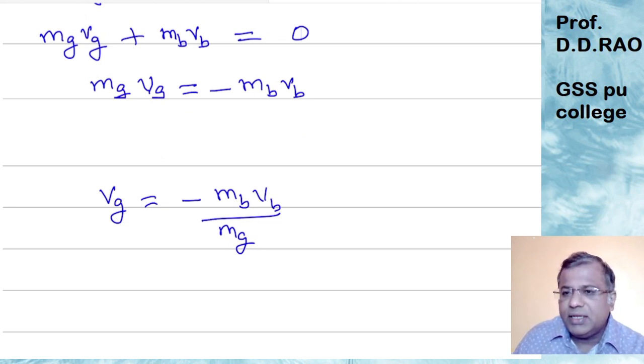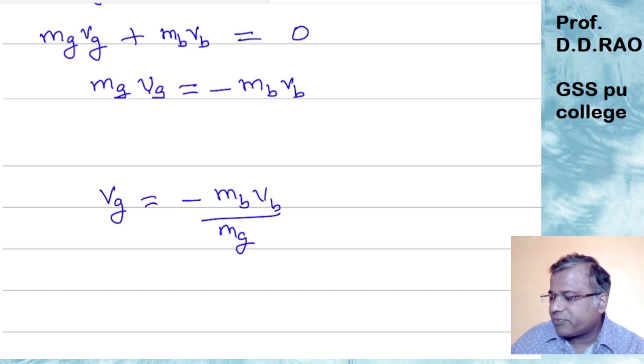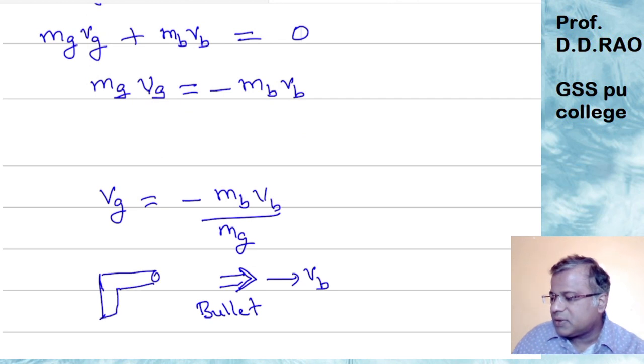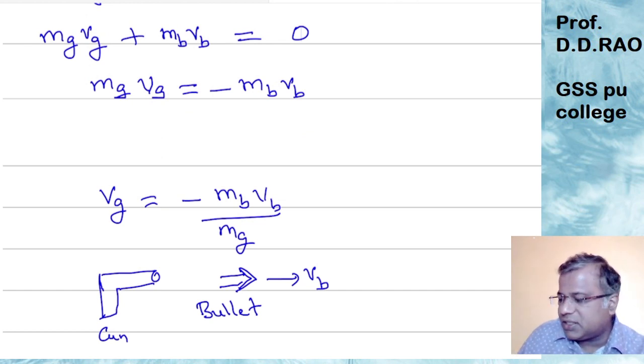Why am I saying recoil here? You should understand that, say for example, this is the bullet. If the bullet is going in this direction with velocity vb, the gun which is firing it, say the gun is of this shape, will not go in the same direction because of this negative sign which you can see over there.